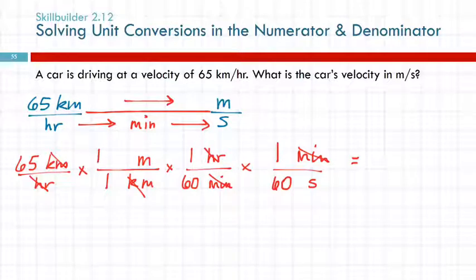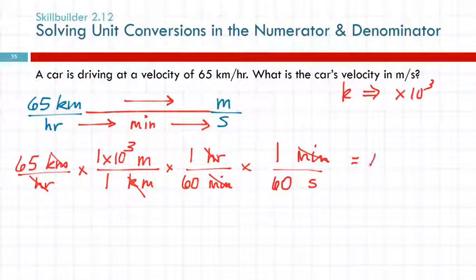On the top then, I have 1 times 10 to the 3 meters, because kilo means times 10 to the 3. It's just a shorthand. Okay, so then I've got 65 times 1 EE or EXP 3 divided by 60 equals.